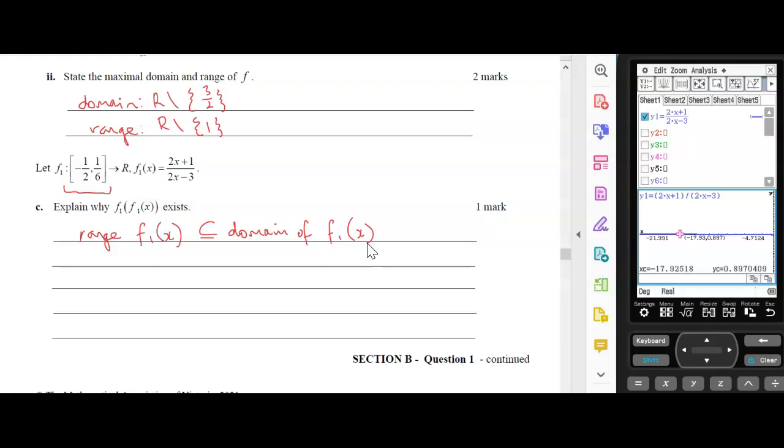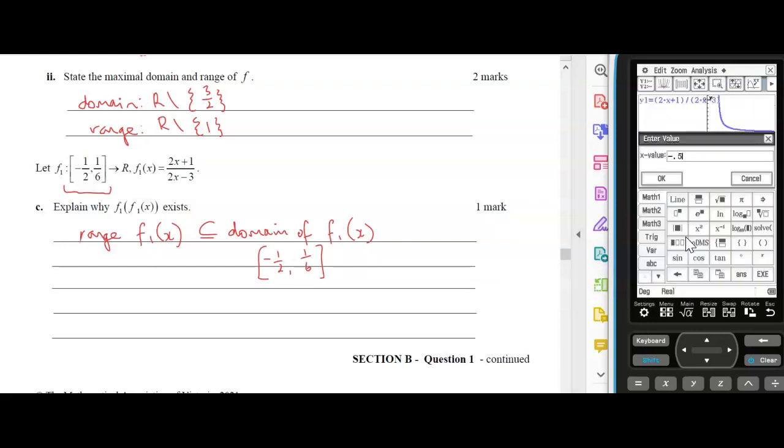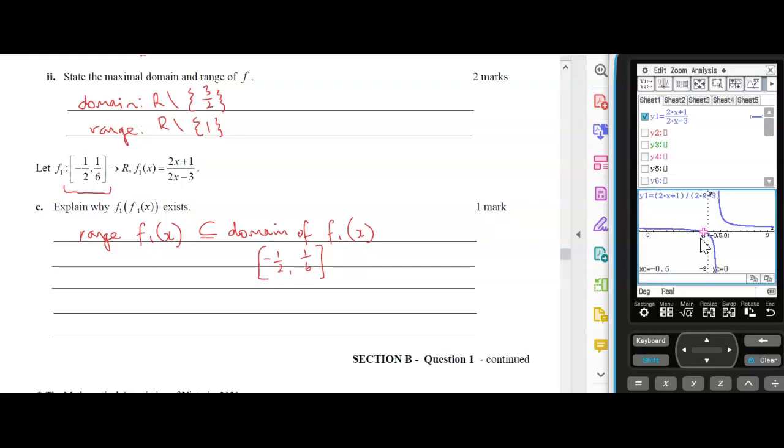Okay, so your domain is -1/2 to 1/6. All right, so we just got to do the corresponding range. So we have to look at how this set domain influences our range. So on our graphing screen, we can just go to trace and say, well, I want to know when x equals -0.5. So that's going to give me y equals 0.